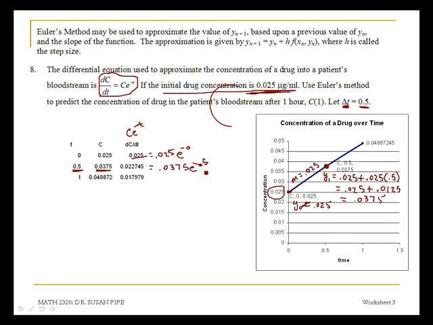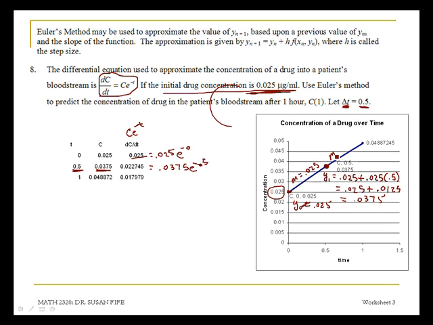If you type this into your calculator, you'll see that you get approximately 0.022745. The slope is a little bit less steep than our previous slope. So this line, it's hard to tell, but it doesn't go in an exact straight line. It's starting to level out a little bit.